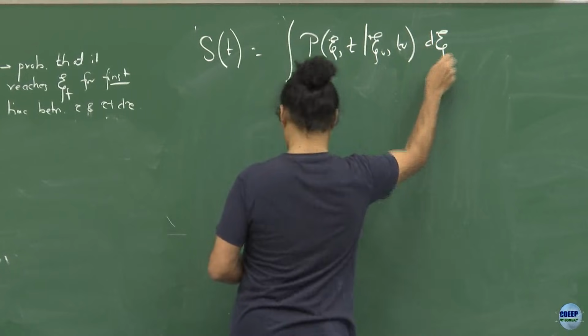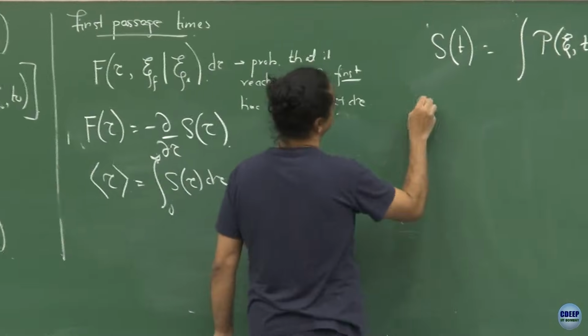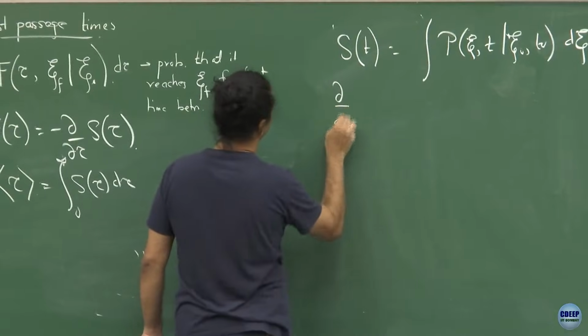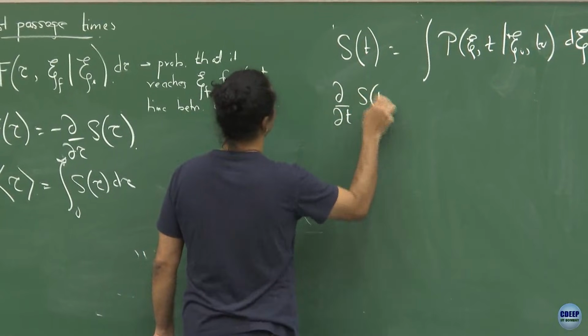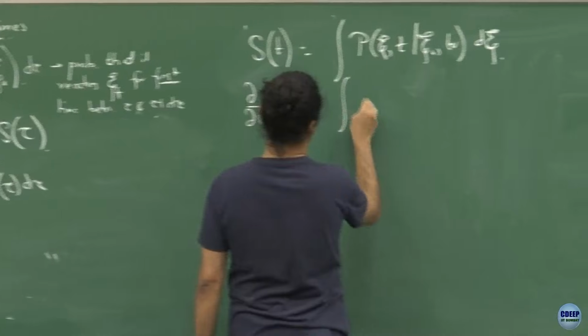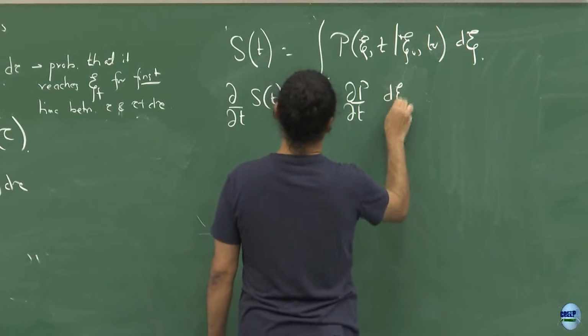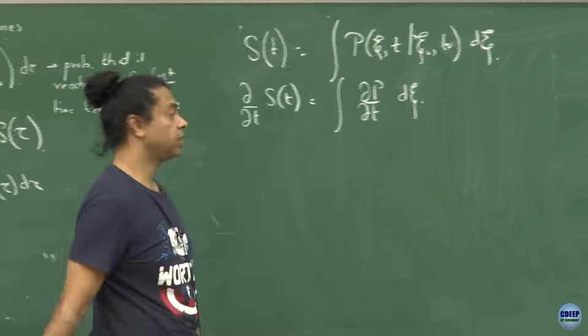If I take the derivative del del t of s of t, this is nothing but the integral of del p del t d xi.